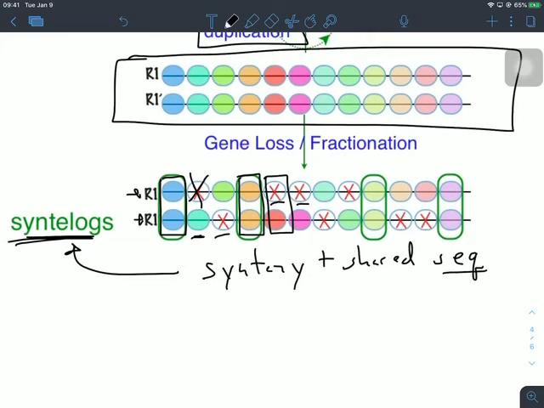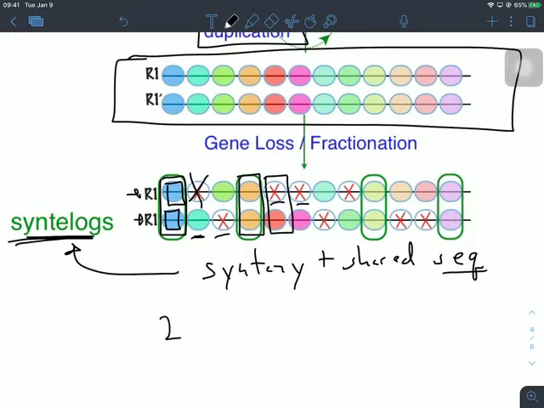Genes that are copies of one another but don't have synteny, so without the syntenic analysis, you can see two copies of the blue gene in this single individual.